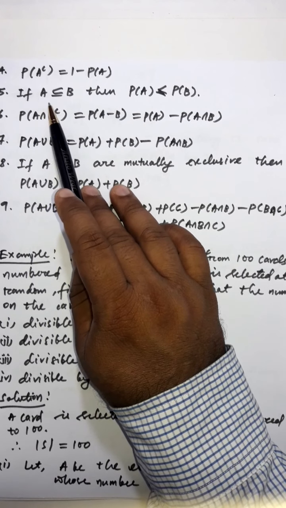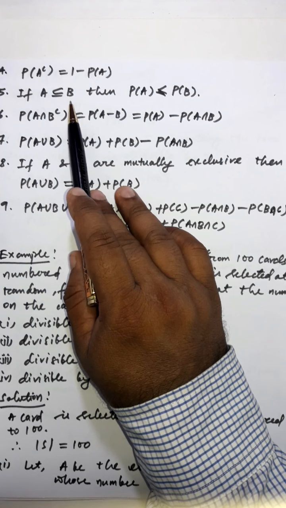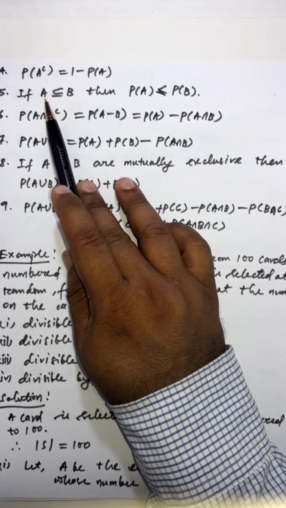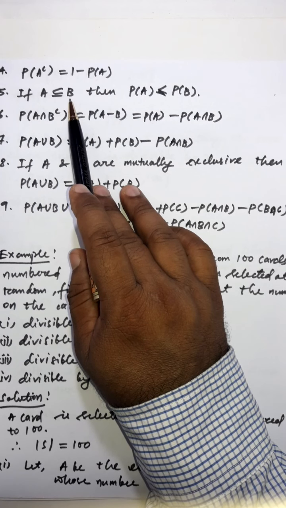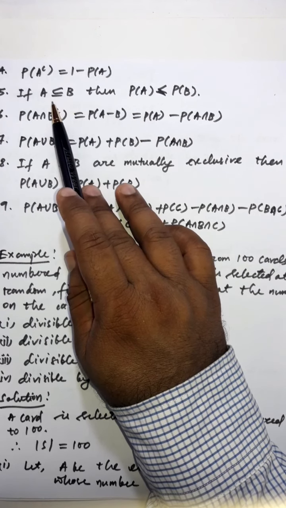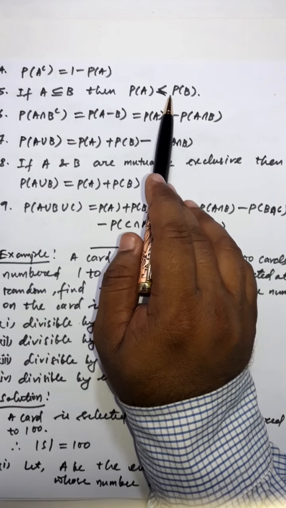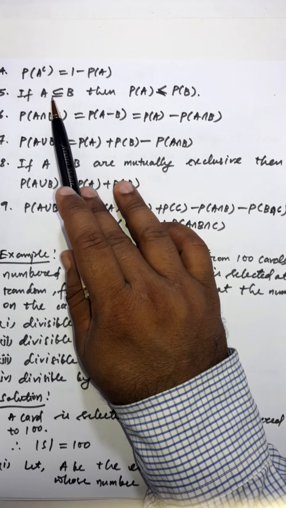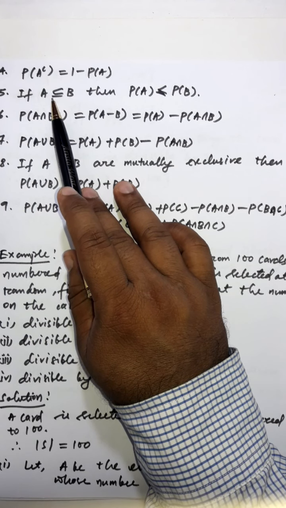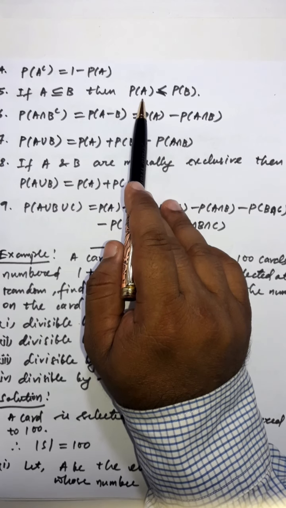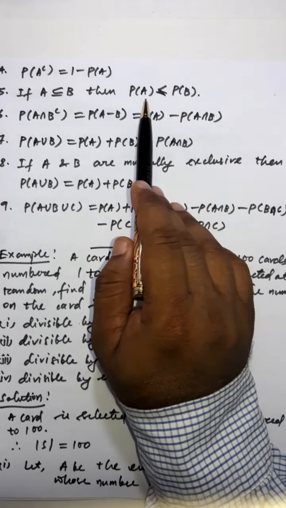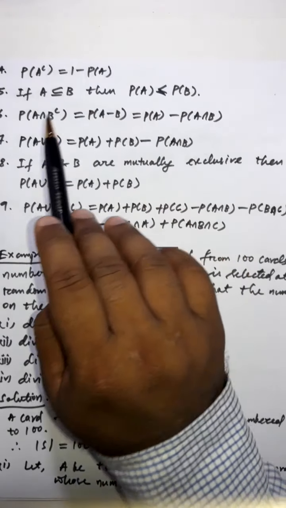The fifth property says that if we have two events under the same sample space S as A and B, and if A is a subset of B, then the probability of A will be less than or equal to the probability of B. That means the smaller event has less probability, and the larger or super event has more probability compared with each other.